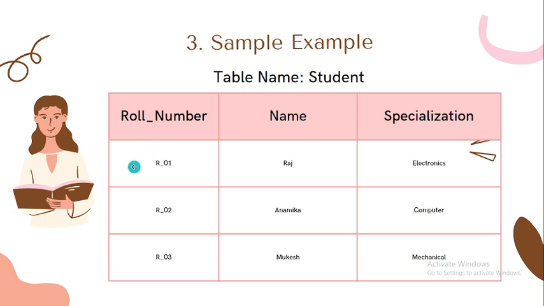So we have created 3 rows: R_01 Raj electronics, this is our record number 1. R_02 Anamika computer, this is our record number 2. And in the same way R_03 Mukesh and mechanical, it is our record number 3. So here we will learn the process of how to insert the records one by one in a given table.